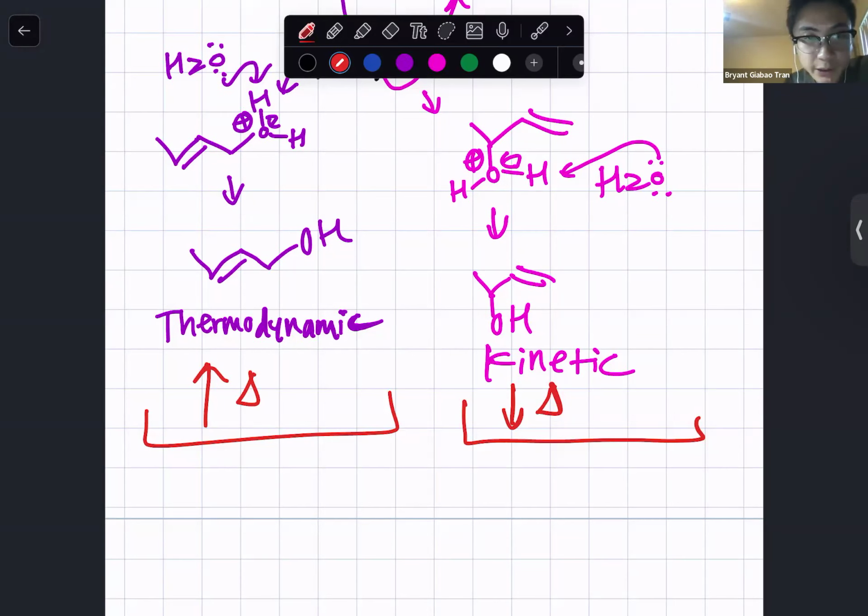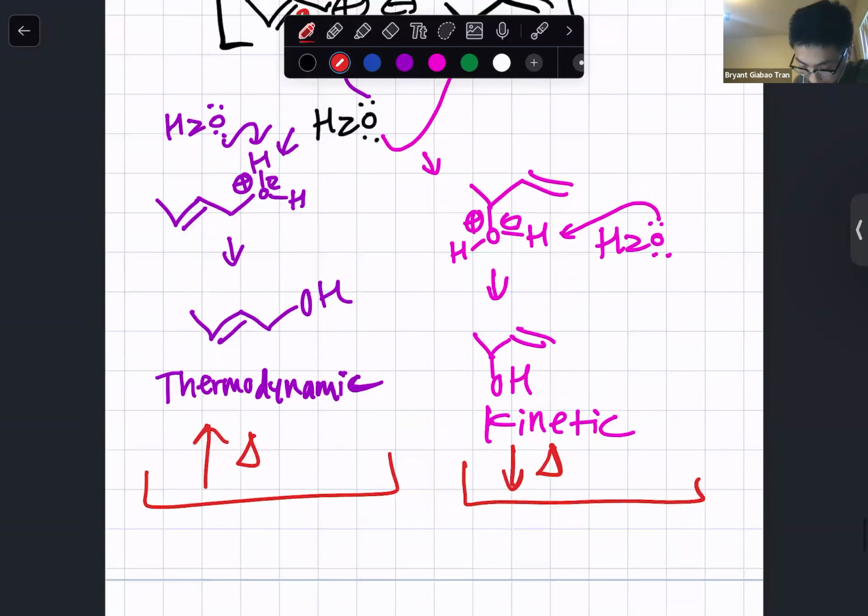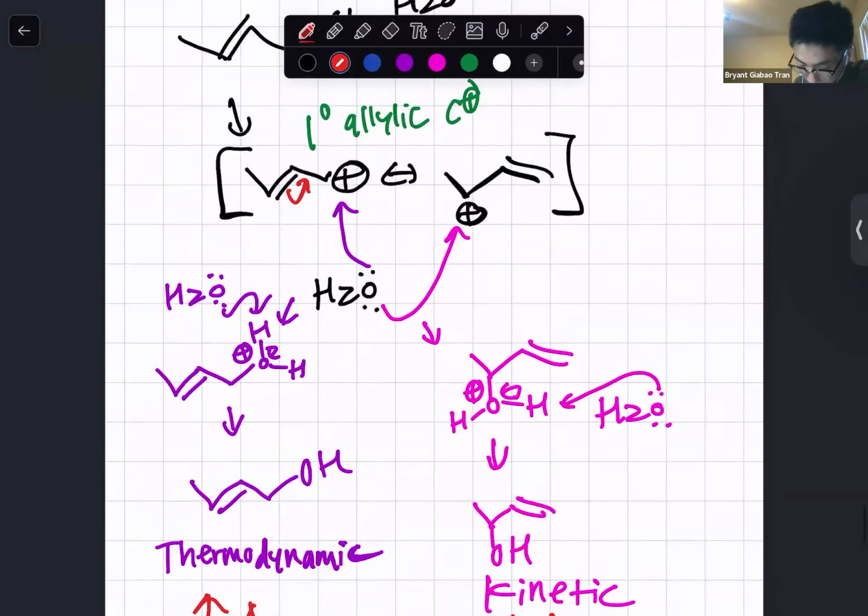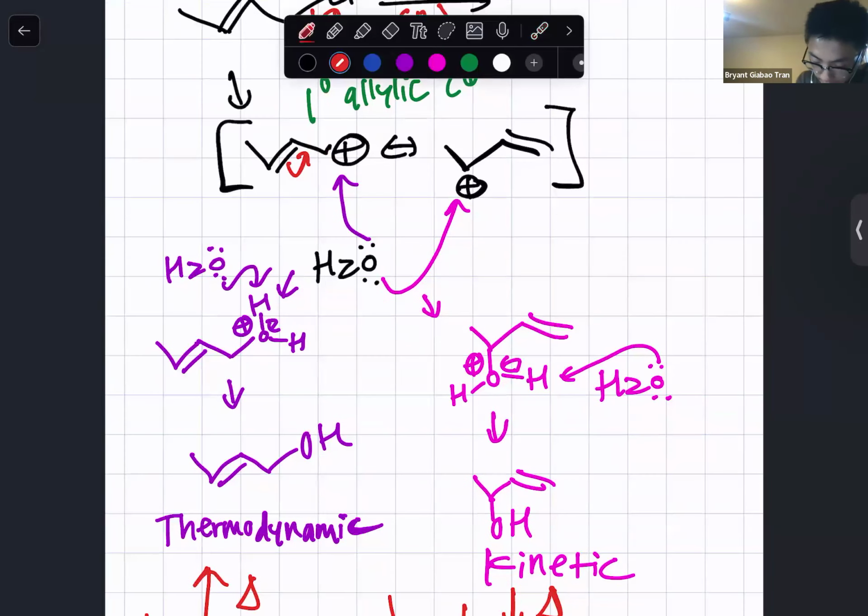For the stereochemistry of these, this is an SN1 reaction where this carbocation is sp2 flat and planar. When the water attacks, it could attack on the top or bottom side, making this wedge or dash.